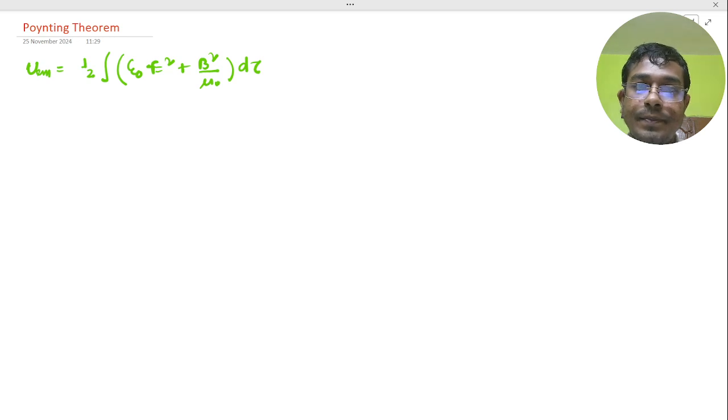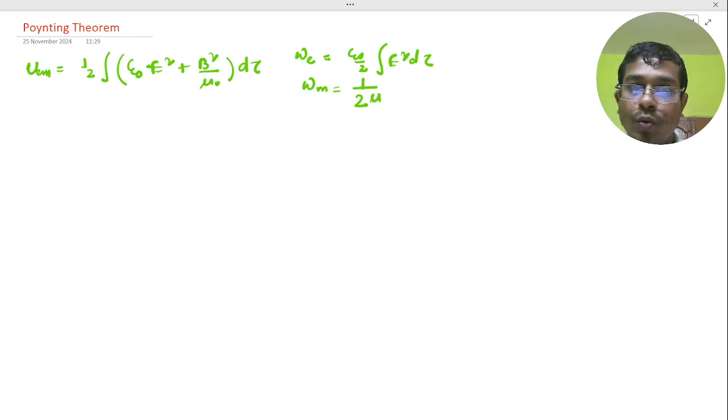For the electric part we have epsilon naught by 2 integration E square d tau, and for magnetic W_m is 1 by 2 mu naught integration B square d tau.